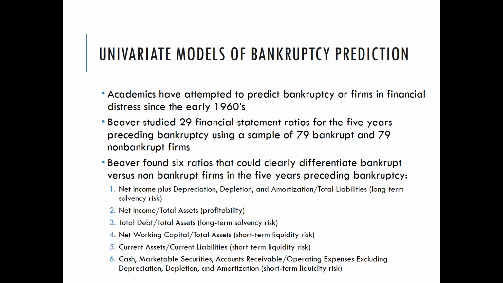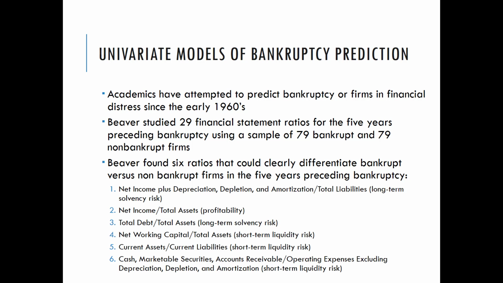They found that there were 6 particular ratios where there were significant differences between those that went bankrupt and those that continued operating. The idea here is that if there are significant differences between these ratios across the two groups, we can use these as indicators of bankruptcy probability.